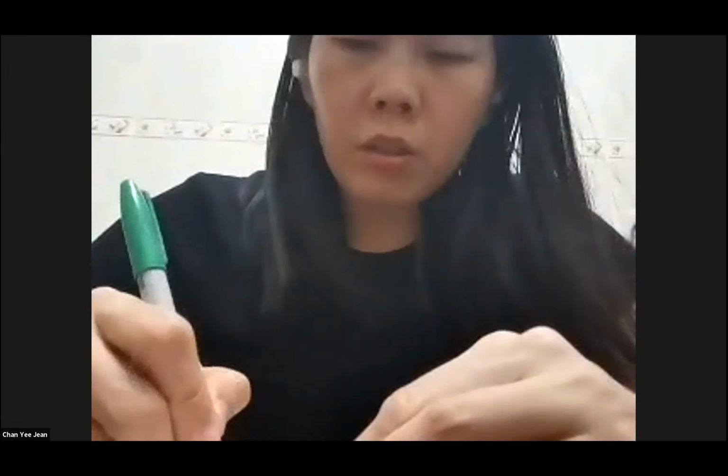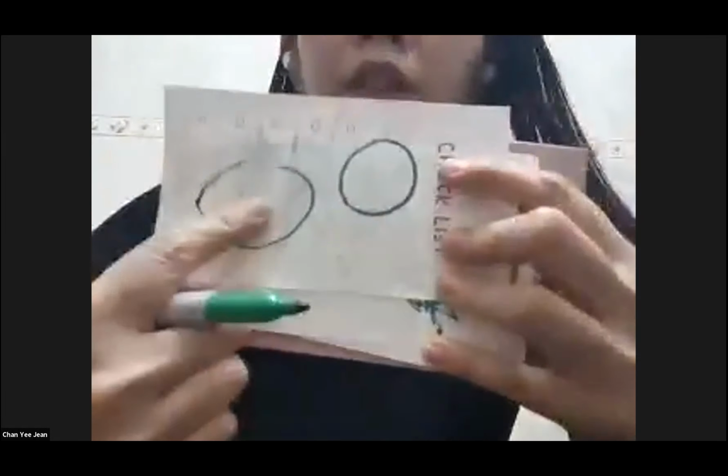If you do a circle, this paper is too small. You need a bigger paper, right? And you draw a bigger circle. The ends of the circle must meet, right? So this is not counted, right?